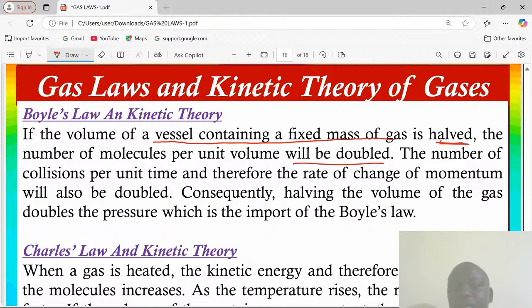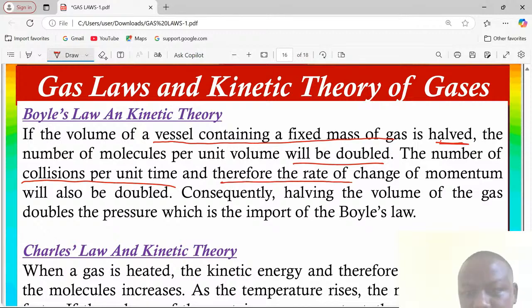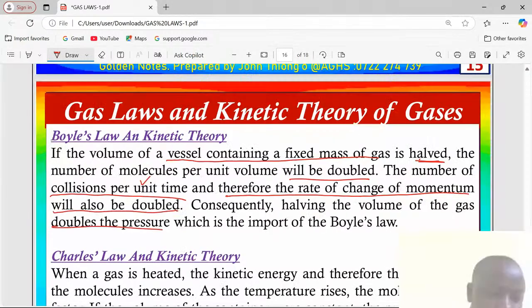Therefore, within a fixed time, the collisions which could have been made are now being made times two. The number of collisions per unit time, and therefore the rate of change of momentum, is increasing when we reduce the volume.